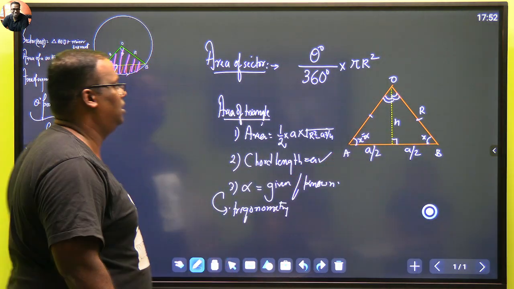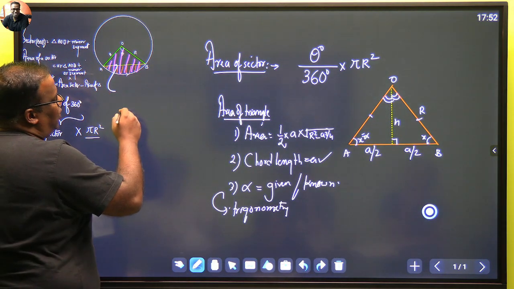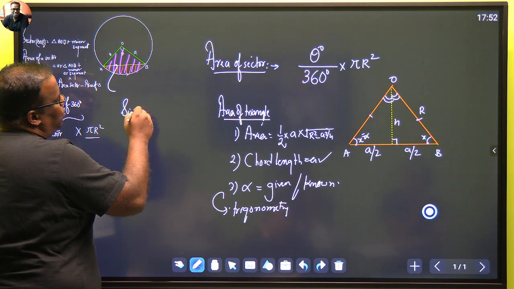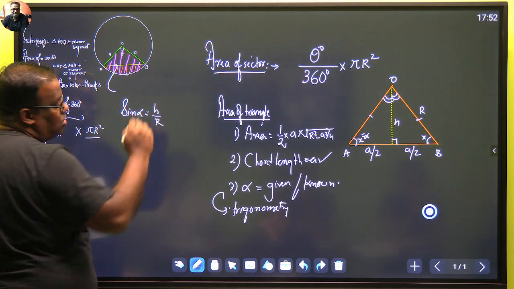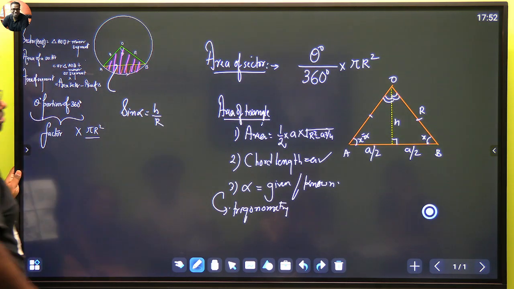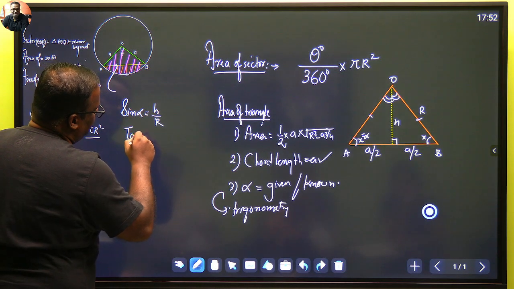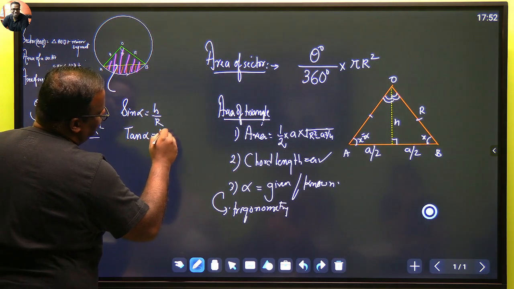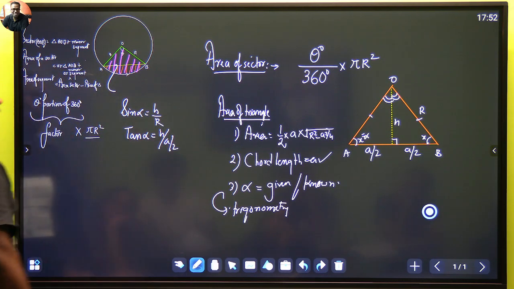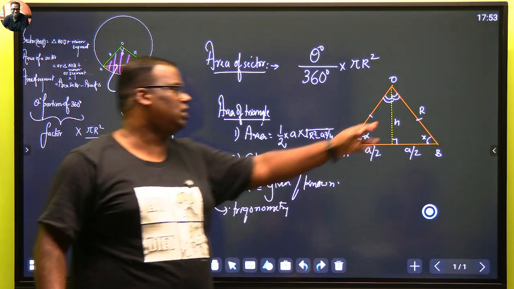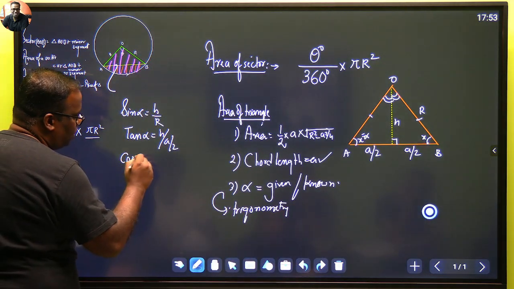Okay, it's bisector. So now there are various ways you can take. If I take the ratio sine of alpha, how much do you get? Opposite side by hypotenuse. This is one ratio we can take. If suppose the base is given to us, we can also take tan of alpha, which is equal to h upon a by 2. Got it? And say suppose h is given but a by 2 is not given to you, then you can take cos of alpha.